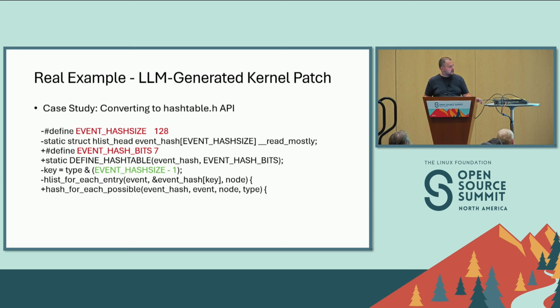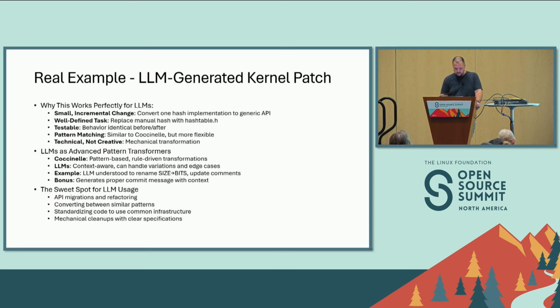It also understood that the part in green is really just a masking operation. It's not some weird math thing that's going on. The LLM figured out that we're masking to get to the right bucket, and it knew that it doesn't need to copy that code somewhere else. It just needs to call the standard API because the standard API already does it for us.